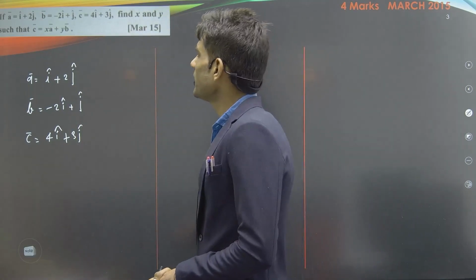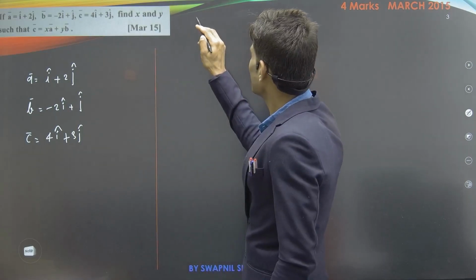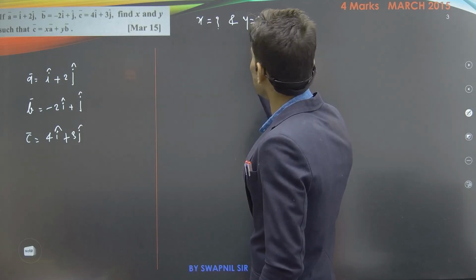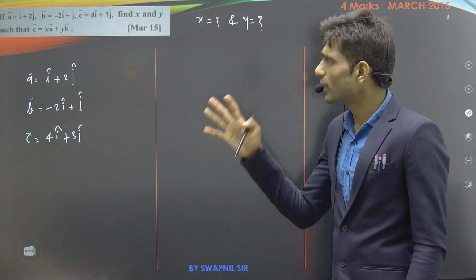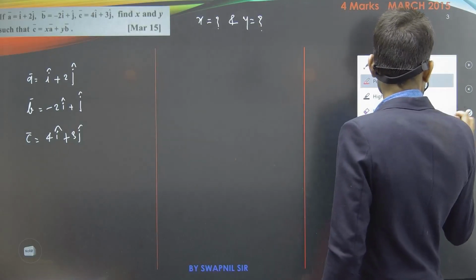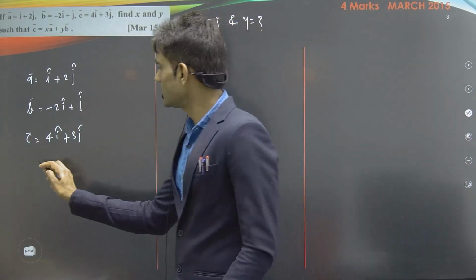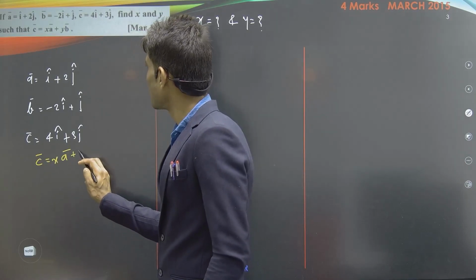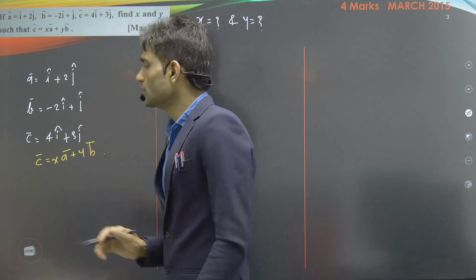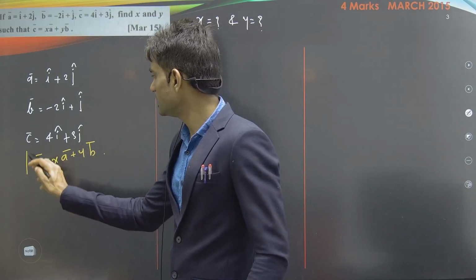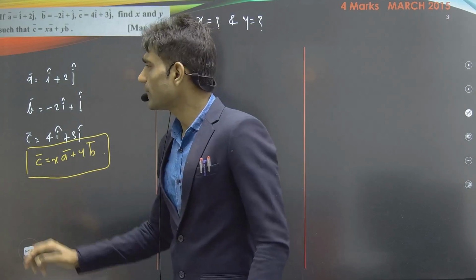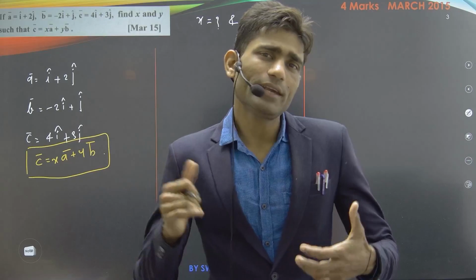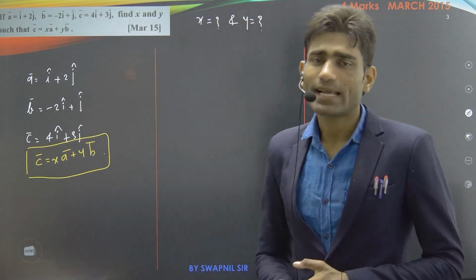We have to find the value of x and the value of y using one more condition that is given. The condition says that C bar is equal to x into A bar plus y into B bar. What this condition says is that position vector C bar is a linear combination of A bar and B bar with coefficients x and y.